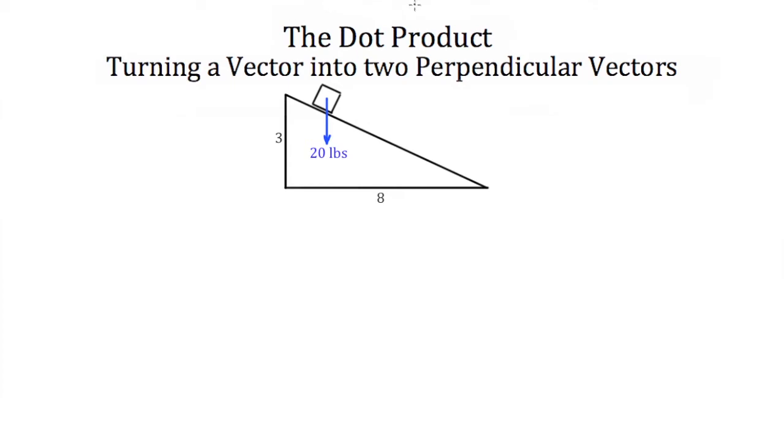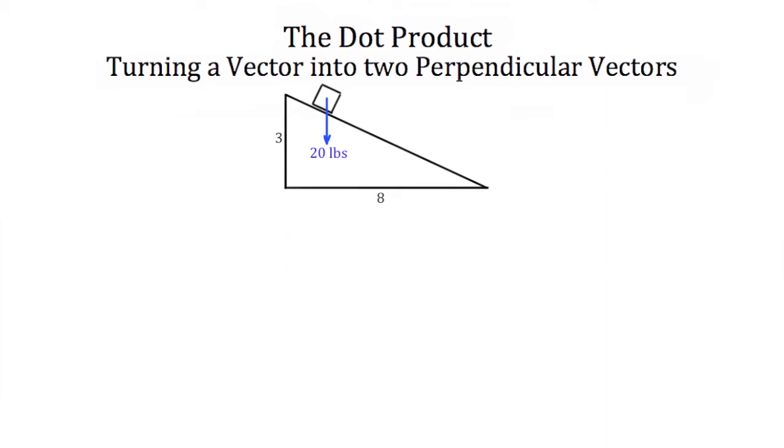So let's look at this example. Here we have a block on an inclined plane. This block has a weight of 20 pounds. And we want to turn this force of 20 pounds, which is a vector pointing straight down, into a vector that's perpendicular to this plane that the block is sliding on, and a vector that's parallel to this plane that it's sliding on.